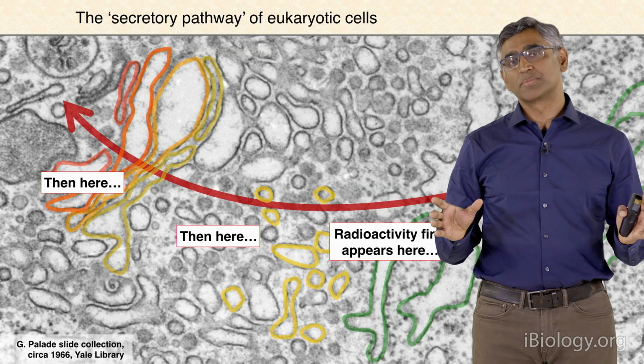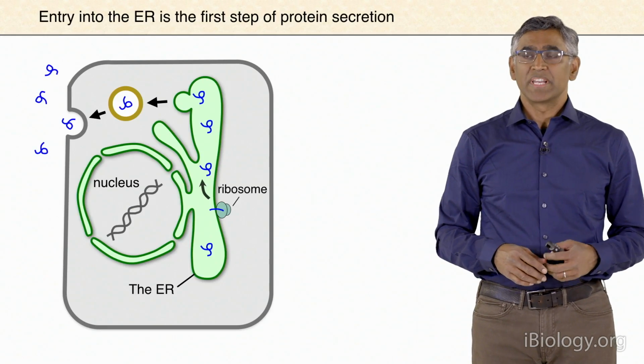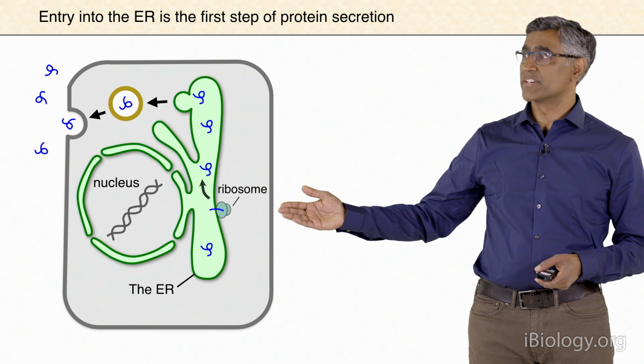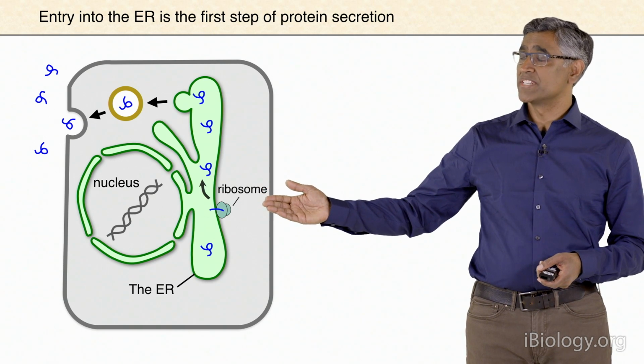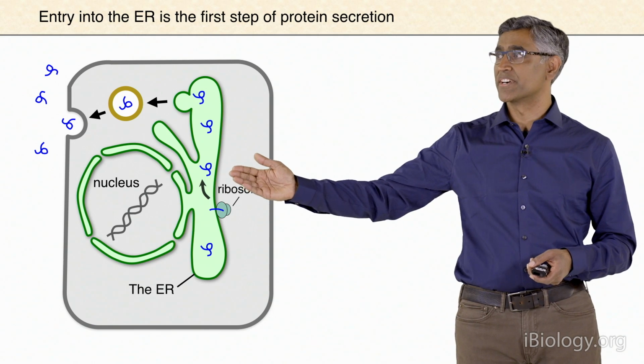And this broke the problem down into two subsets. The first part of the problem is to get a protein into the endoplasmic reticulum. So here you have a ribosome that's sitting on the surface of the ER, and that protein that's being synthesized has to go across the membrane into the ER, which is green here.